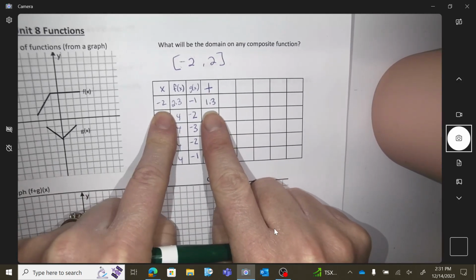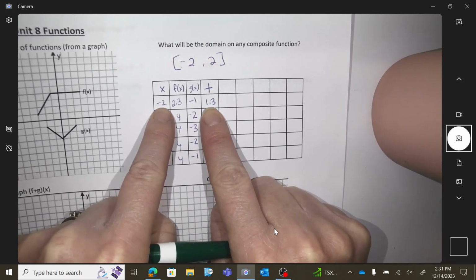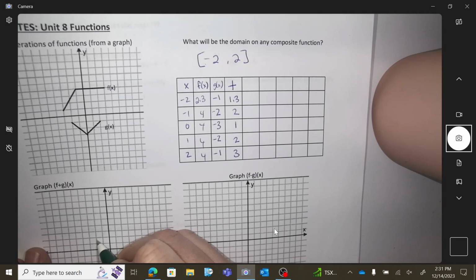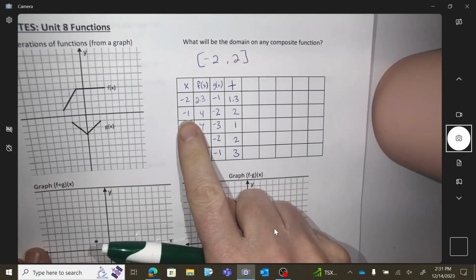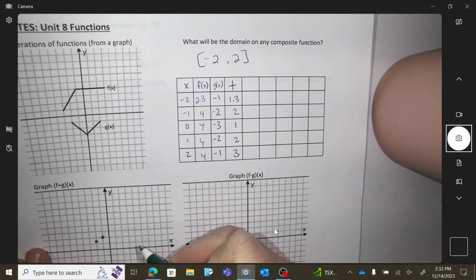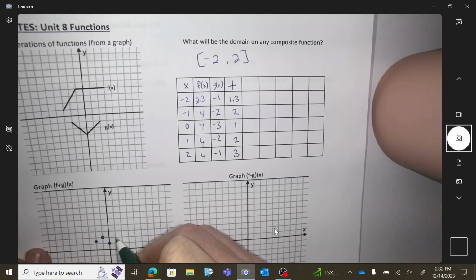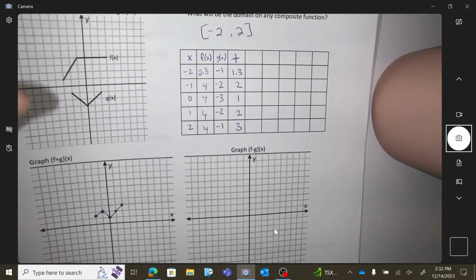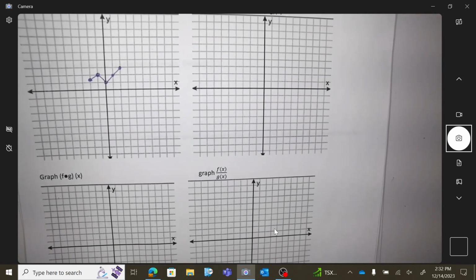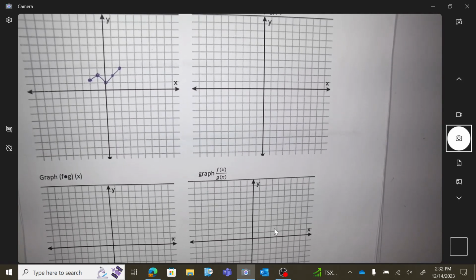I'm graphing the coordinate -2, 1.3. Then -1, 2. That's it. That's your drawing.